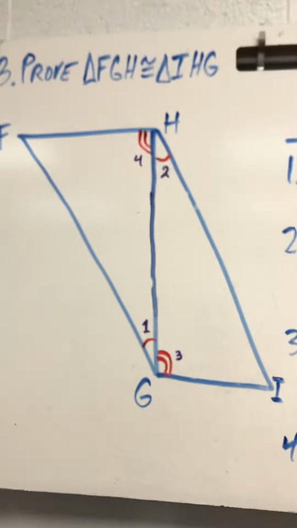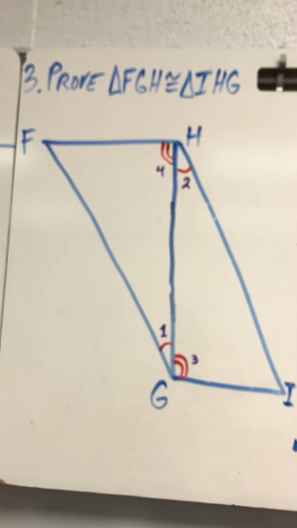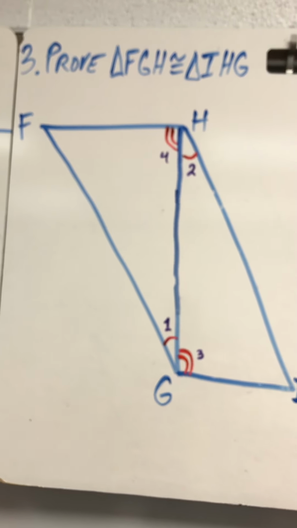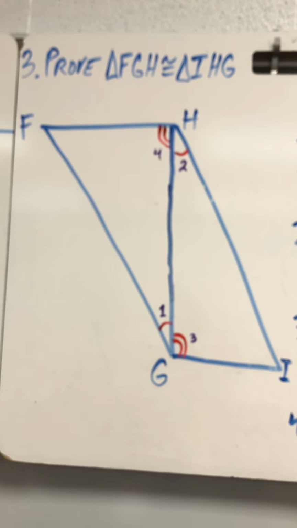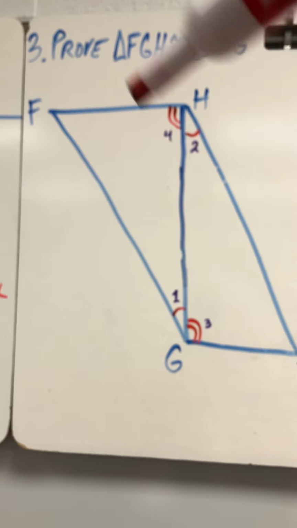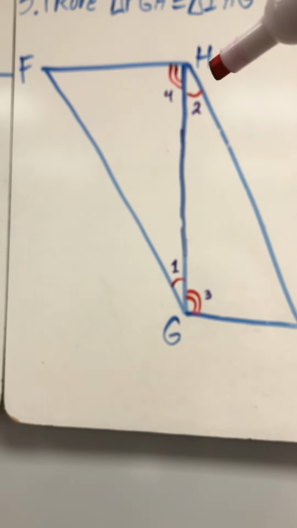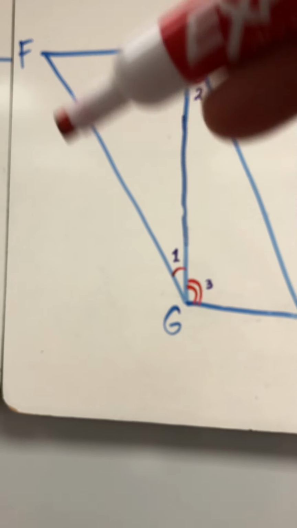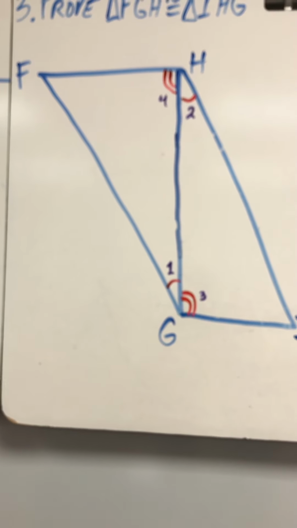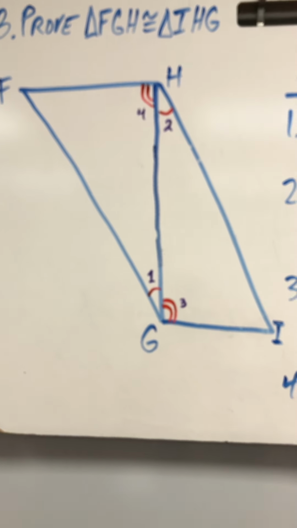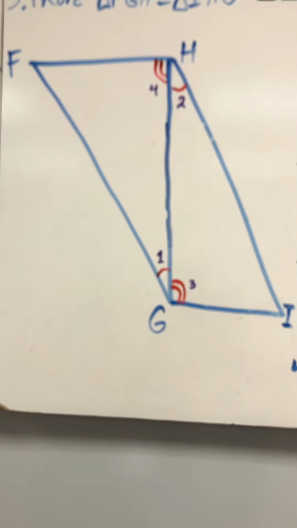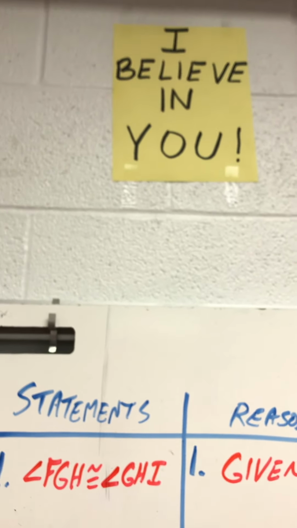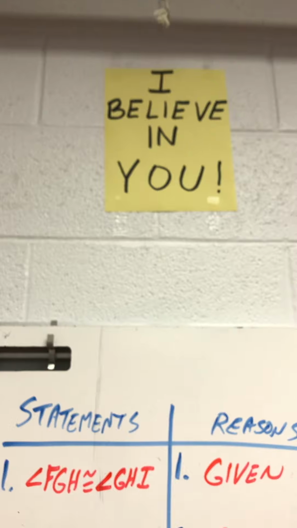Over here, I'm going to start with, all right, angle 1 here is congruent to angle 2. But the way I have to write that is to either say FGH or HGF. That's angle 1. Angle 2 is either GHI or IHG. So FGH is congruent to GHI, and that's given.